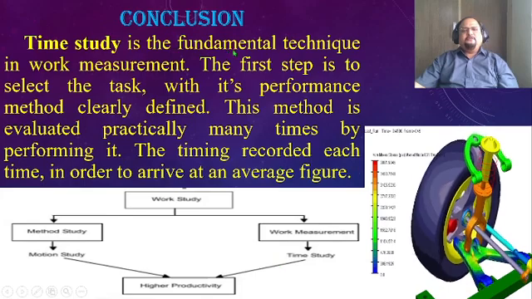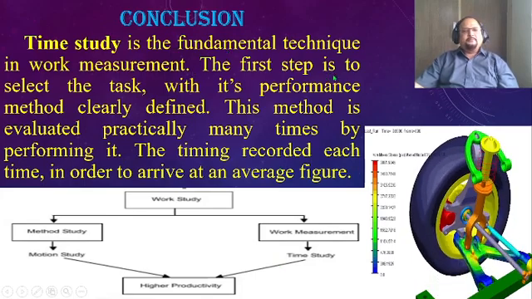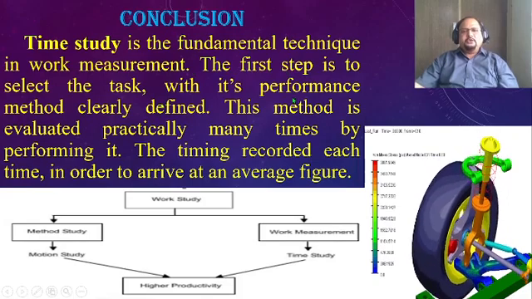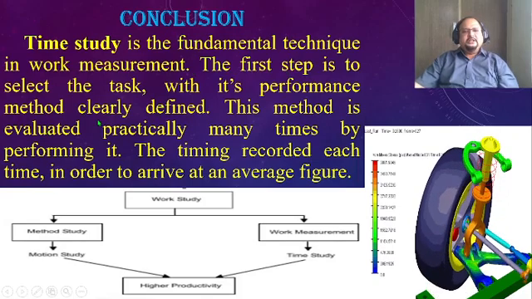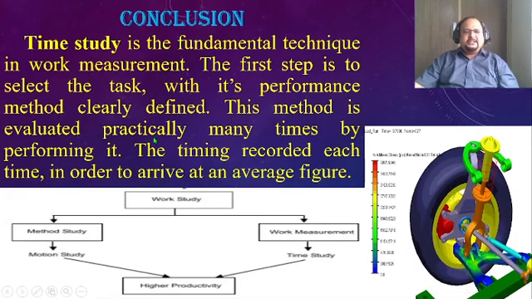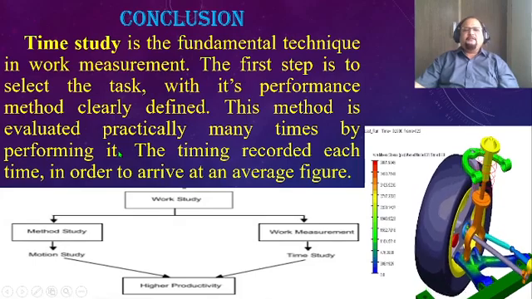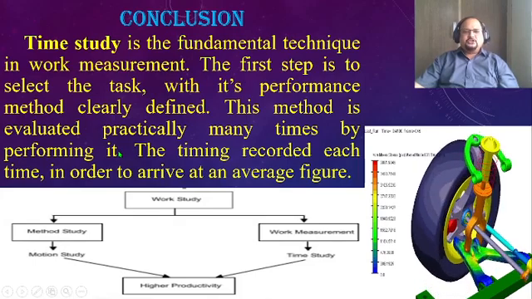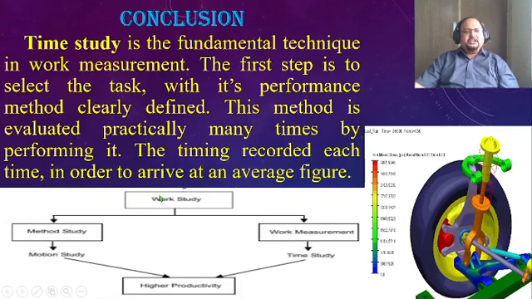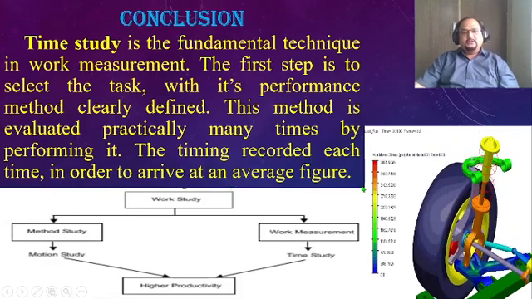Time study is the fundamental technique in work measurement. The first step is to select the task with its performance method clearly defined. This method is evaluated practically many times by performing it. That means many staff will do it and then we take the average. The timing is recorded each time in order to arrive at an average figure.